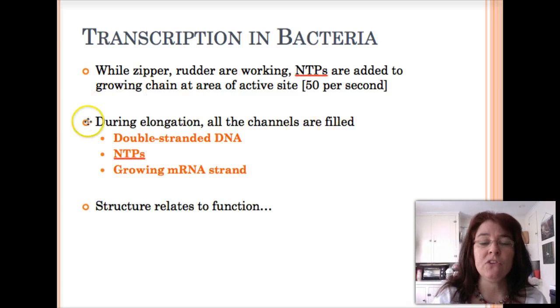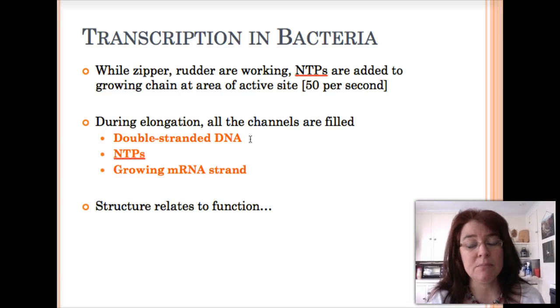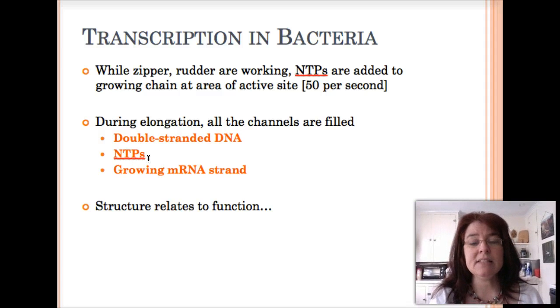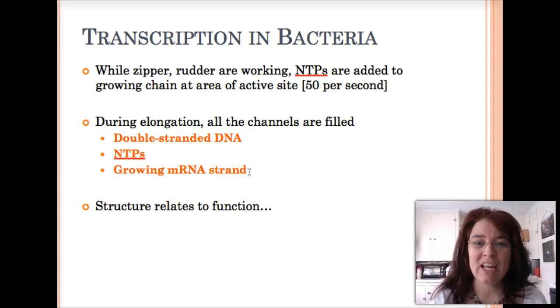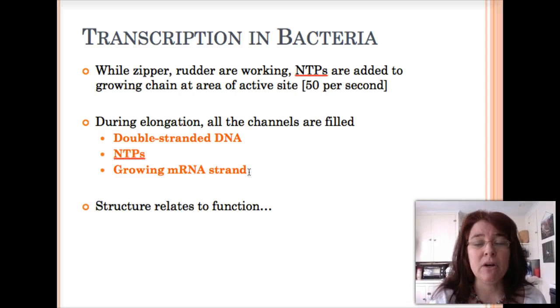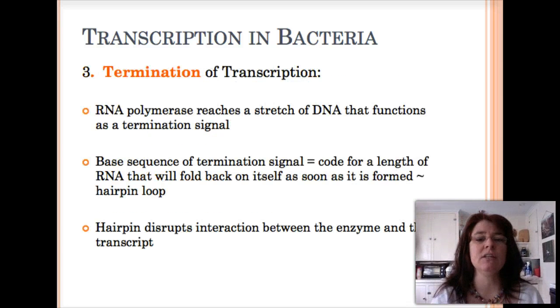One of them holds the double-stranded DNA, and the rudder and the zipper help keep the strands separate. One channel holds the incoming NTPs, and a third channel holds the growing mRNA strand. Remember, structure of a protein directly relates to its function.